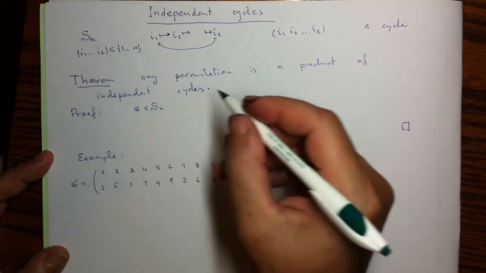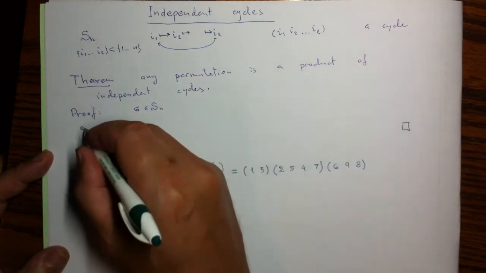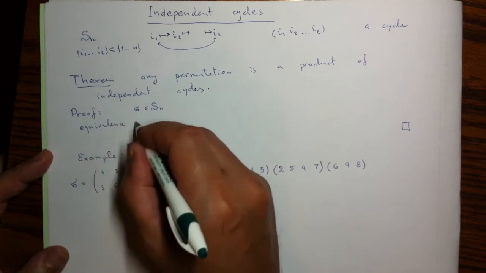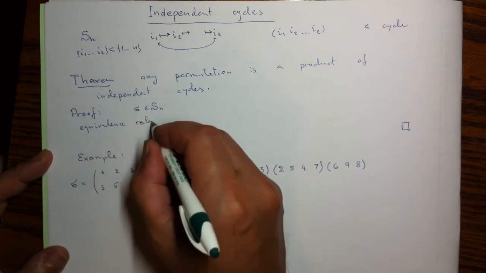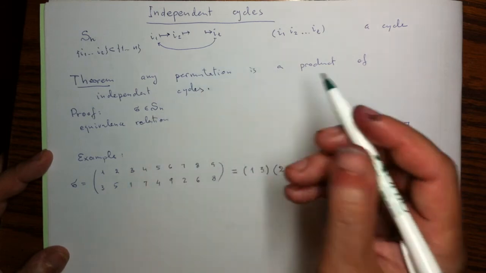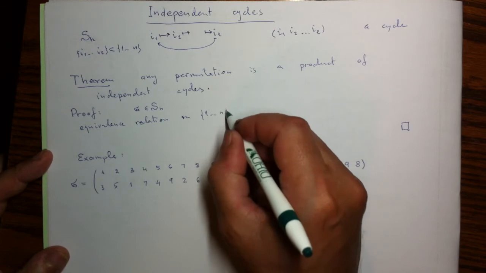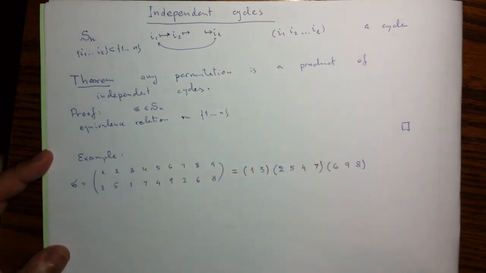Well, the answer is easy. So introduce an equivalence relation on the permuted elements, which will group things according to cycles.